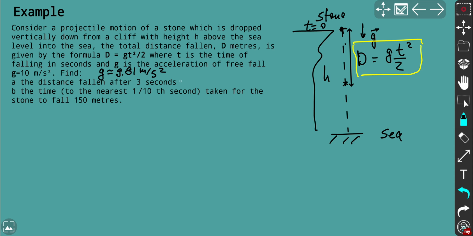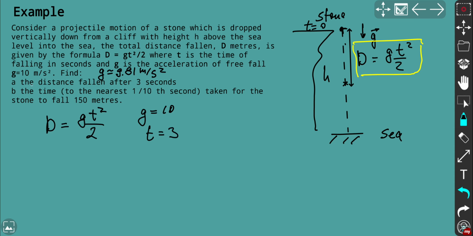From there, you just write according to the instructions that we had on the previous page. You need to write the formula. Then you need to understand which variable is known and which is not. In your case, g equals 10 and time equals 3.